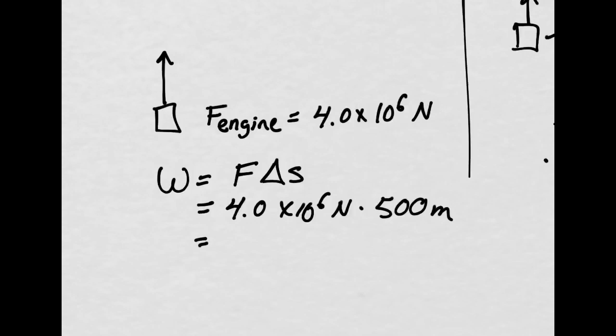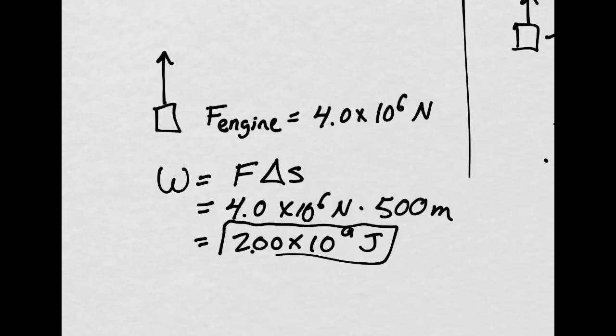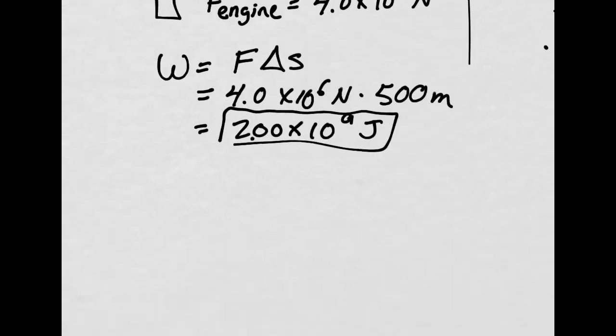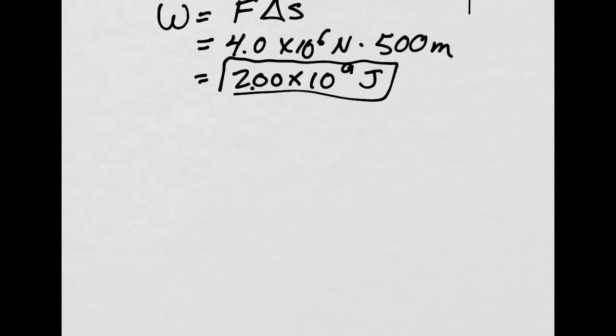So this is 2.00 times 10 to the 9 joules. Our work done by our force is 2 times 10 to the 9 joules. This is the work done by the engine.